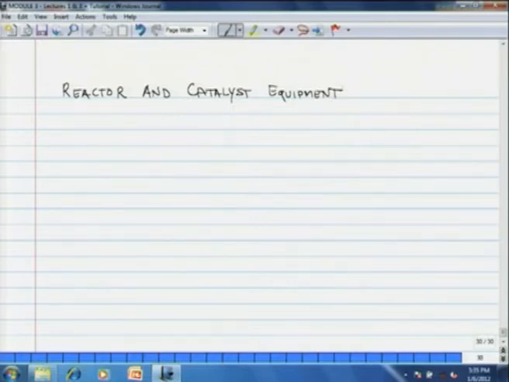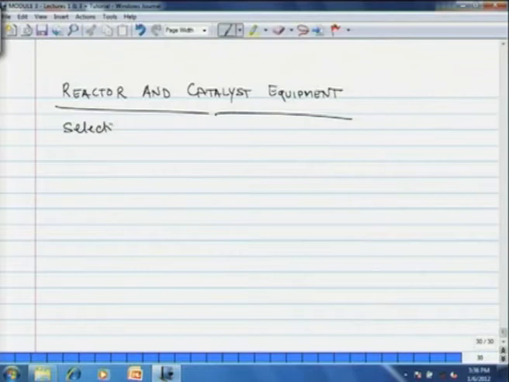Many of the industrial reactions are catalytic reactions where the catalyst is used mostly in the form of solid pellets. The reactor could be a fluidized bed reactor, a moving bed reactor, a fixed bed reactor. Those things we are going to see in greater detail later in this module. But before that, we just see what are the factors that determine the selection of the catalyst.